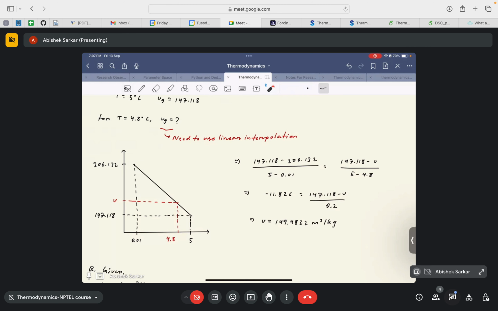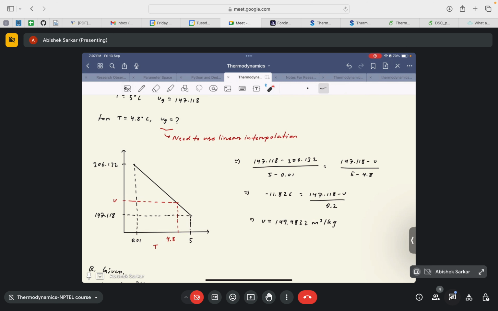Just for the sake of other viewers who will watch the video, let me do this. Let me take T as our variable because we know the value of T in hand. At T equal to 0.01 degrees Celsius, the corresponding specific volume is 206.132.